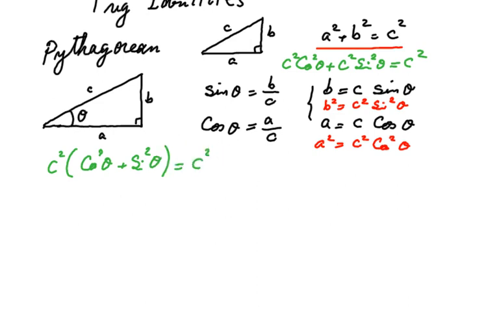So if I go ahead and divide both sides by c squared, I am going to be left with the following: cosine square of theta plus sine square of theta is equal to 1.